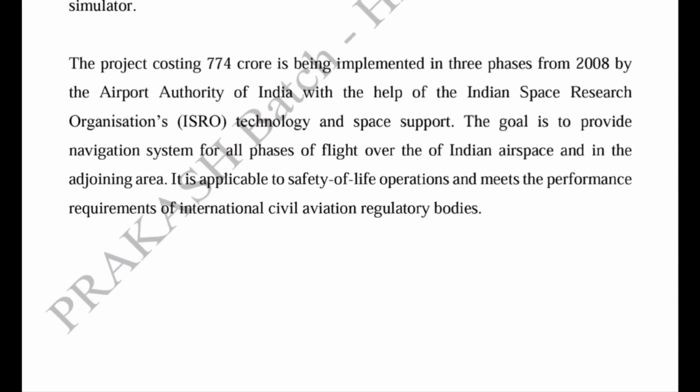Now the goal is to provide a navigational system for all phases of flight over the Indian airspace and the adjoining area. So this Gagan will help to monitor and track, for the navigation purpose of the aircraft, across the regional boundaries.